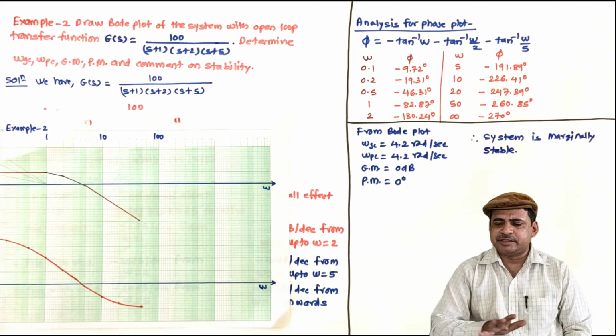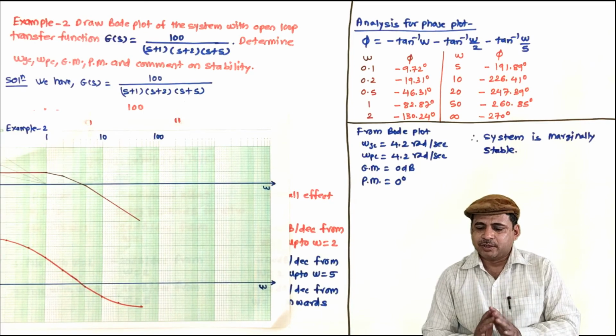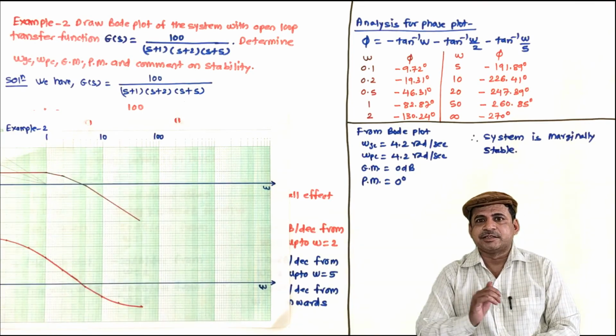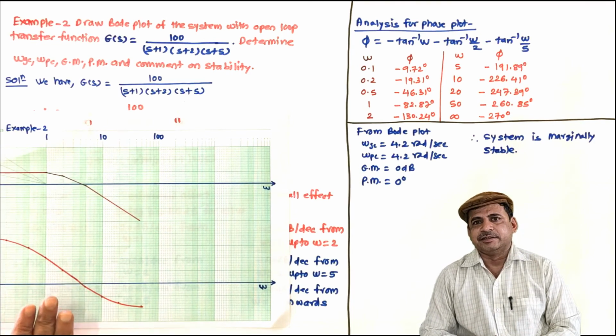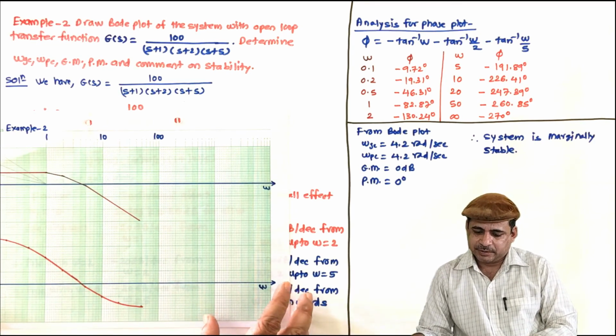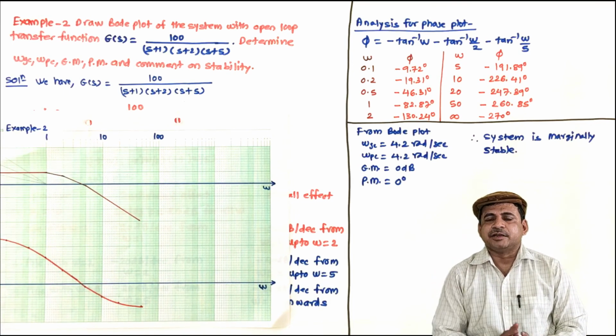However, in practice, this system may be slightly stable or slightly unstable also, because of the tolerances that have to be considered while doing the analysis. It is enough for this lecture. In the next lecture, we will solve one more problem but with some different form. Thank you.